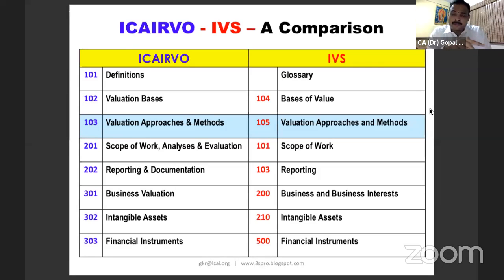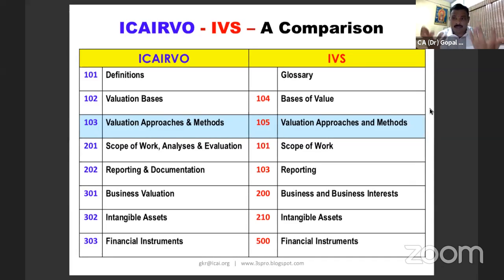Every now and then, I will also refer to the Indian standards for only one reason. Valuation standard is a prescription of the best practices. I repeat, valuation standard is a prescription of best practices.